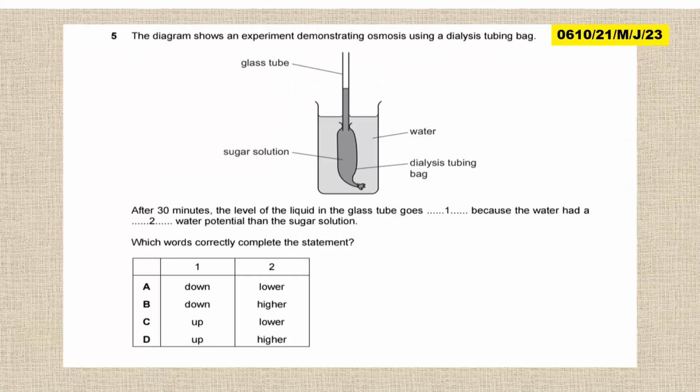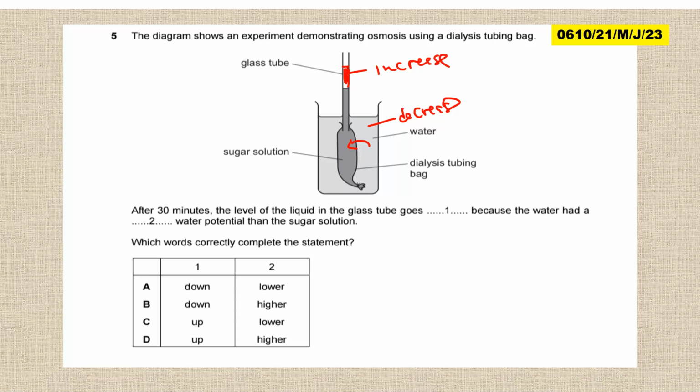Let us look at this one. That is paper 2, variant 1, May/June 2023. The diagram shows the experiment demonstrating osmosis using the dialysis tubing bag. So this I've explained at some point. So glass tube, and we have the water, then sugar solution, then dialysis tubing bag. Now water is outside, so water is going to go in, so here it will decrease, then here it will increase.